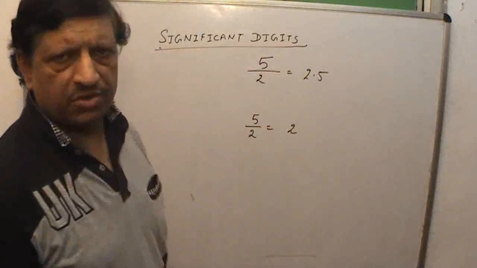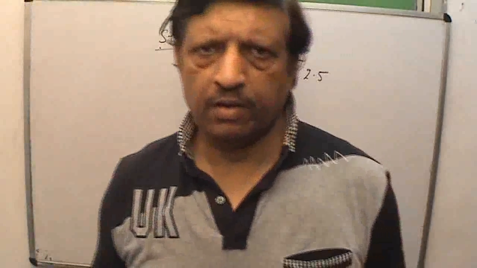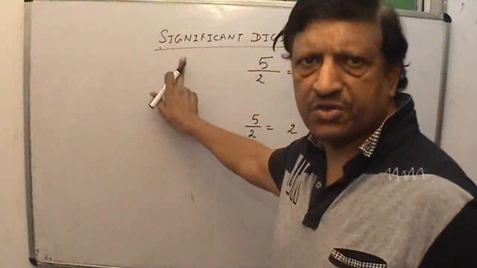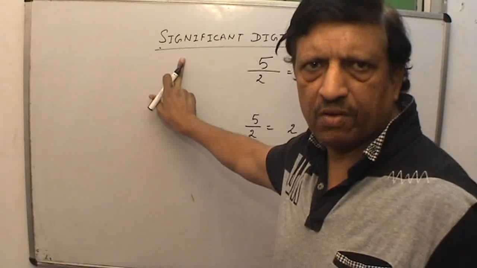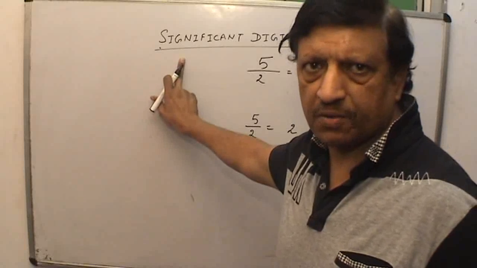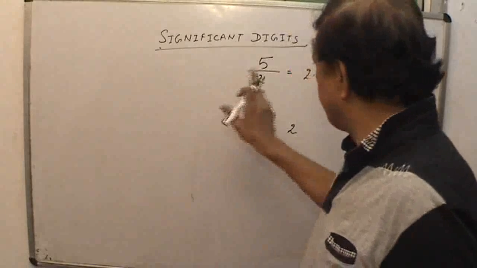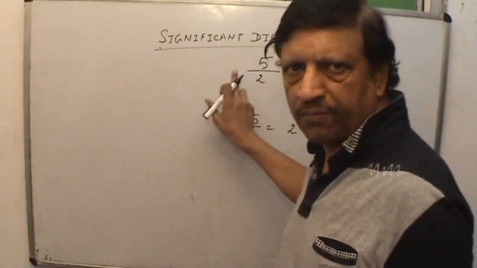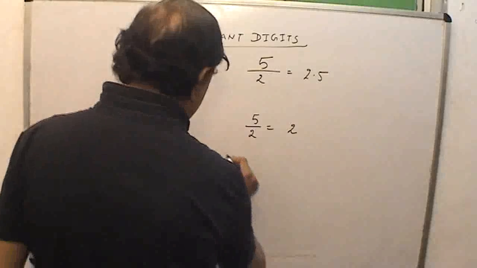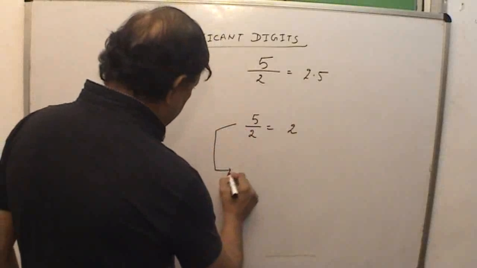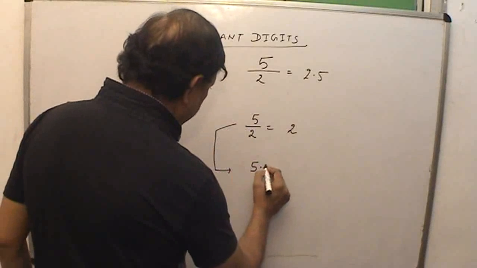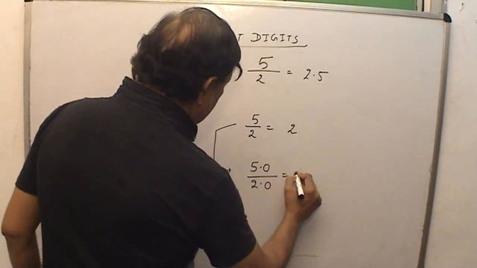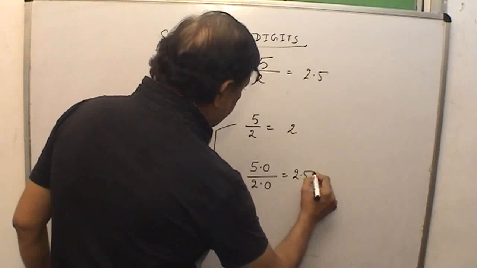Our computer system is familiar with these significant digits but not with our real number system. So if we want to get this result from the computer, we will have to change the figure like this: 5.0 divided by 2.0, then it will give the result 2.5.